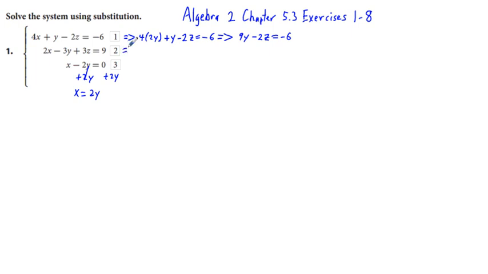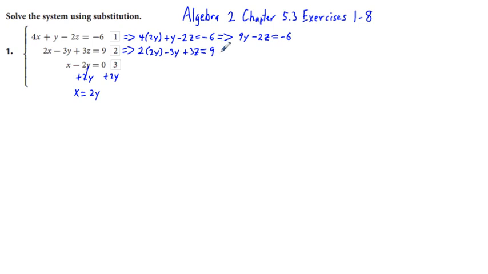Now for the second equation, we're going to have 2 times 2y in place of x. We're going to have minus 3y plus 3z is equal to 9.